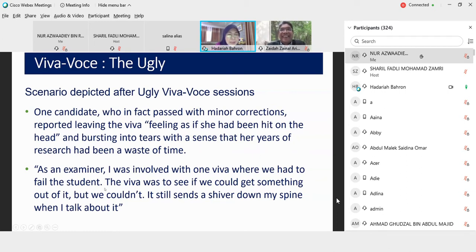Now, this is a comment by an examiner. As an examiner, I was involved with one Viva where we had to fail the student. The Viva was to see if we could get something out of it, but we could not. It still sends a shiver down my spine when I talk about it. So examiners are very much affected by this.